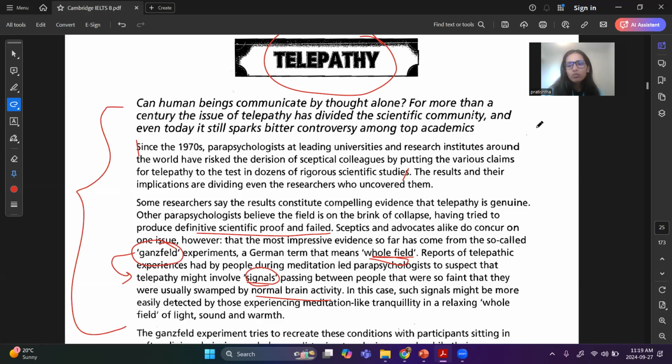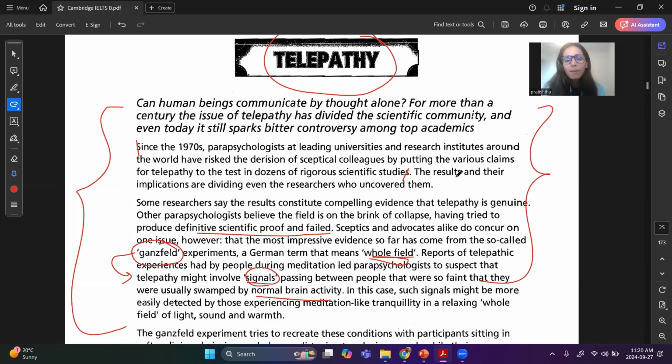You can now sort of summarize it, because I have not gotten into details. I have just picked up the important information. And if I have to give a summary of what's going on, I would just say that there has been a conflict. If there is telepathy or there is not telepathy, there have been mixed signals from both sides. Some people believe in it, some people do not.